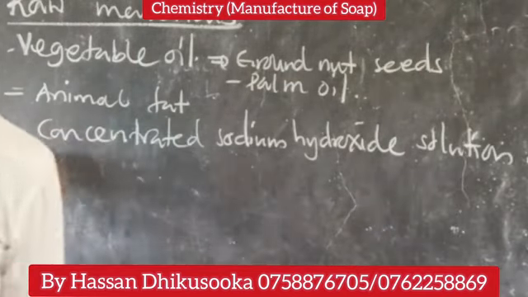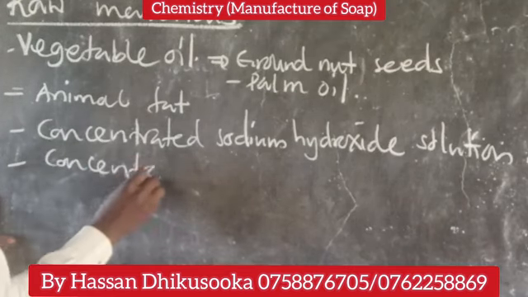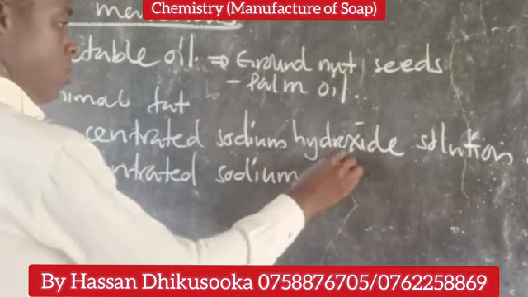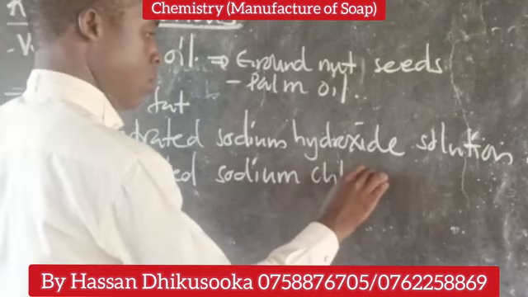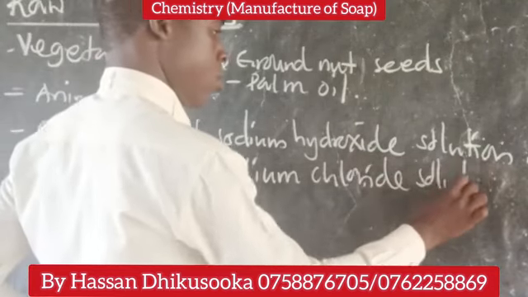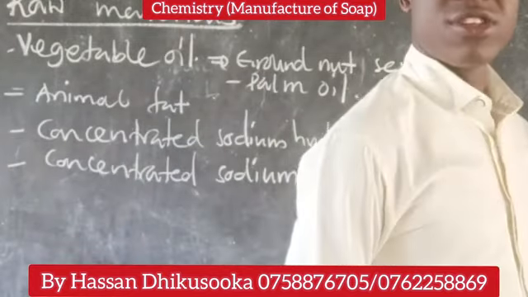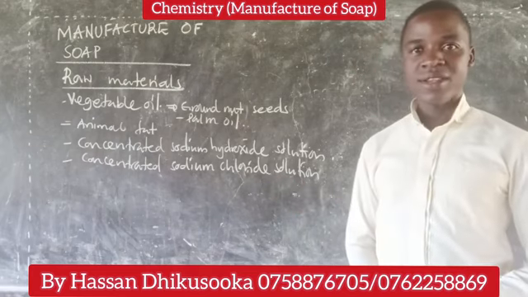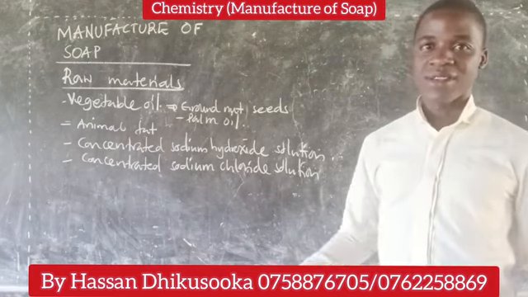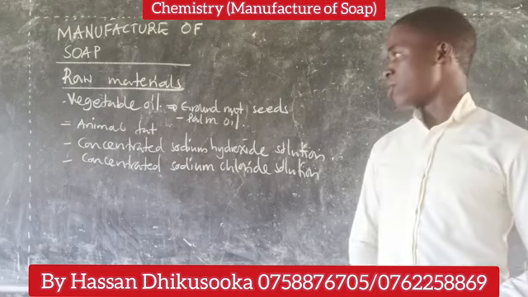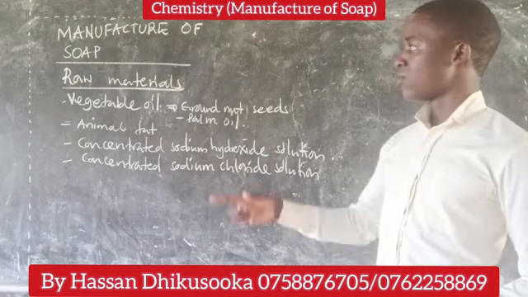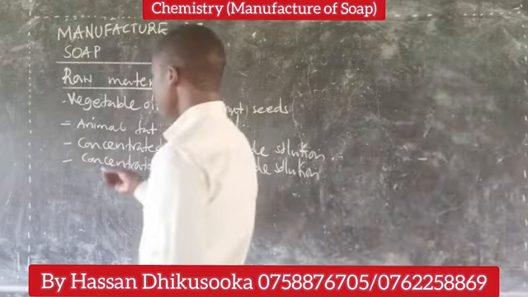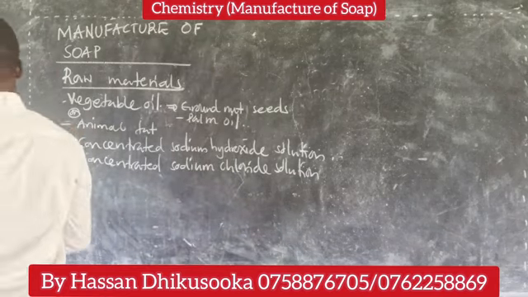Another one: you can have concentrated sodium chloride solution. Sometimes people call it brine, which is another name for it. So this is concentrated sodium chloride solution, concentrated sodium hydroxide solution, then a vegetable oil. Or you can decide on which one to use in this case.